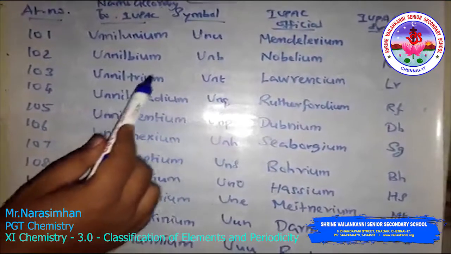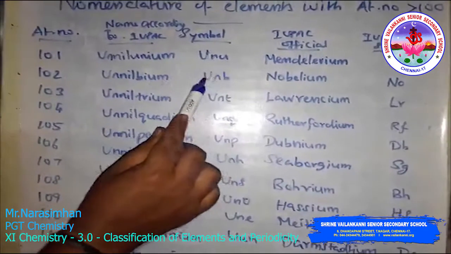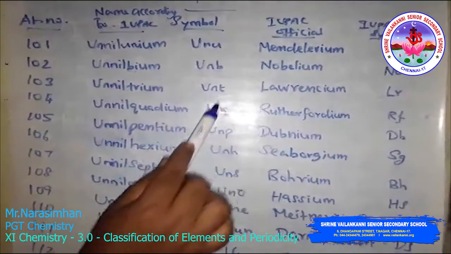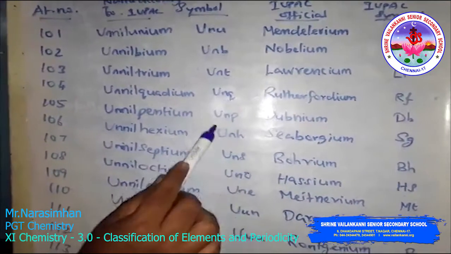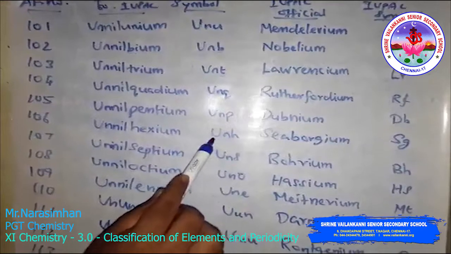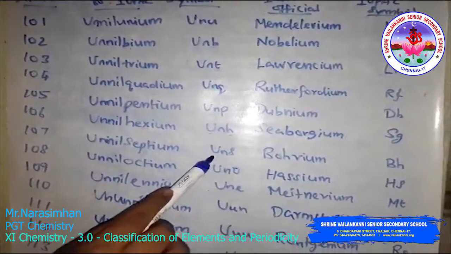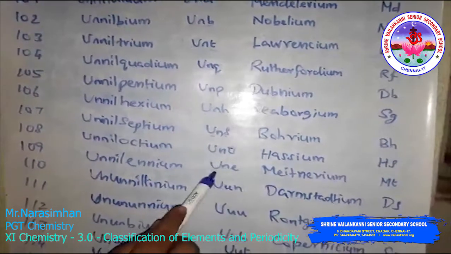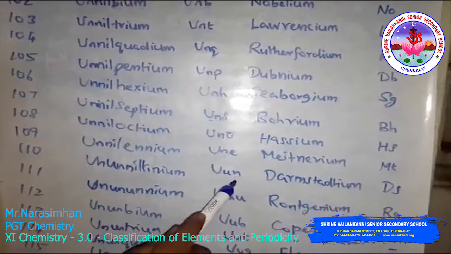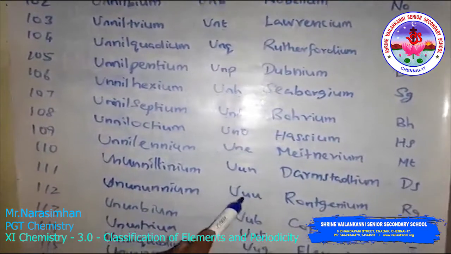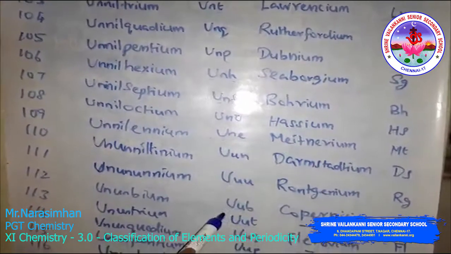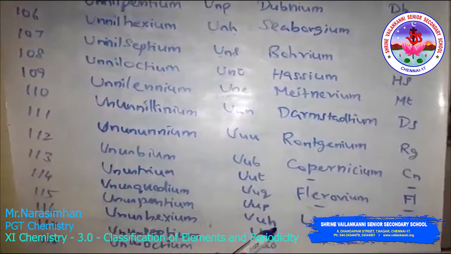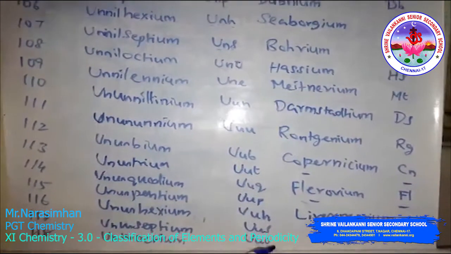So this is the list. You can see that Unu is for 1, Unb simply means Un with b, tri Un with T, Un quad, so 4 means Q, 5 pent, so that Unp, hex Unh, septium Uns, octium Uno, ennium for 9 Une, 10 just simply Unn, nillium, then unun, so that you have to use Uuu, then ununbium simply Uub, Uut, Uuq, Uup, Uuh, Uus and Uuo.